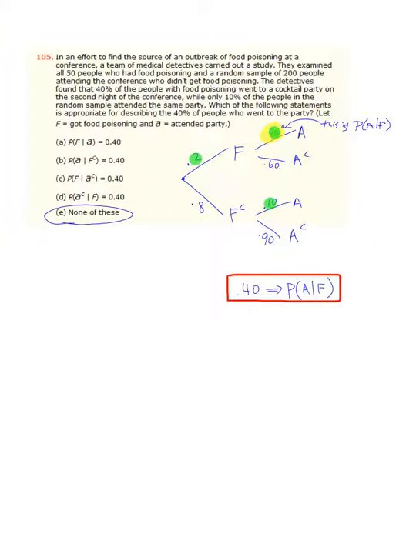Focusing on this number right here, this 0.40, you have to understand that this second tree branch, following the first tree branch, is a conditional probability of attending the party given that you got the food poisoning. So if 0.40 is the probability of A given F, none of those are listed here. So go back and read this problem carefully. Carefully fill out this tree and understand that when you write these 4 numbers on the second set of branches, those are conditional probabilities, none of which match the choices.